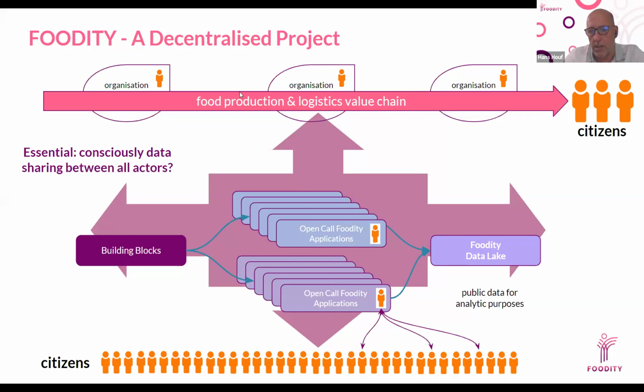It addresses this food production and logistic value chain, optimizes things, and tries to involve citizens in making right choices about food. We try that every project in the open call which is selected also generates data which can be fed into a data lake, and that data can be used for public analytic purposes, or even be open for citizens to look at it. So we will zoom into details much more.